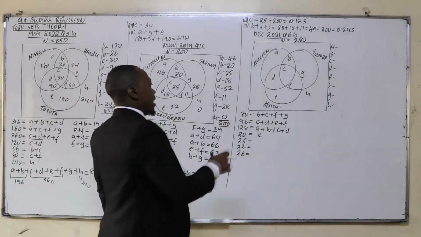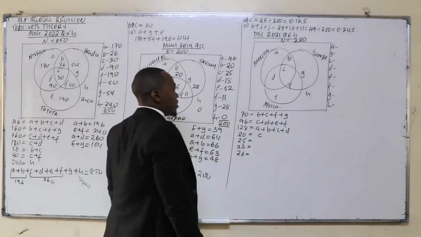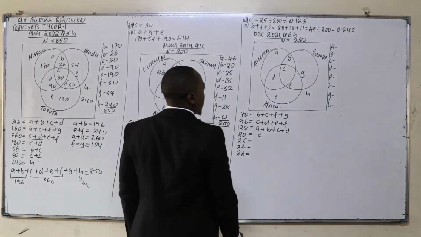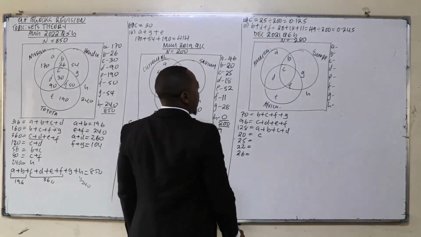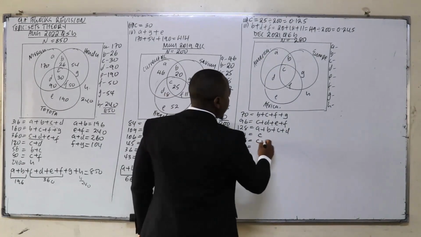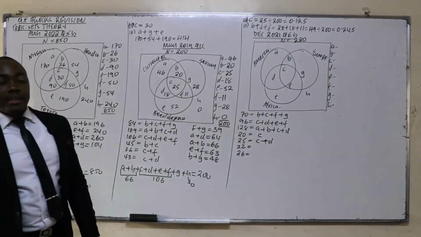Then 25 represented America and Africa. America and Africa. Who and who? C and D. Yeah, that's very important.